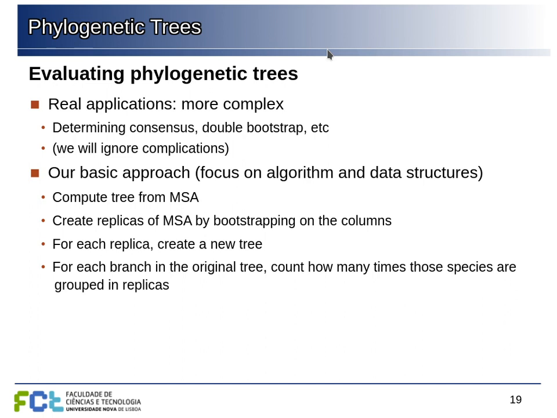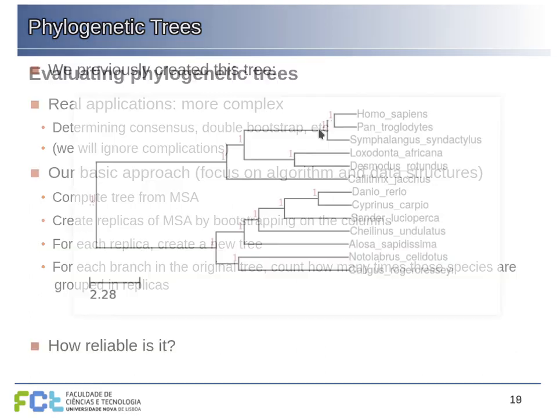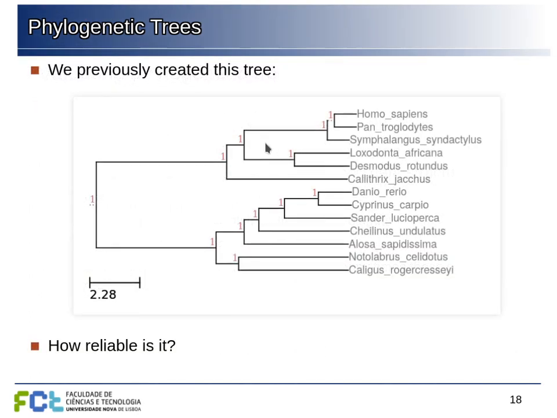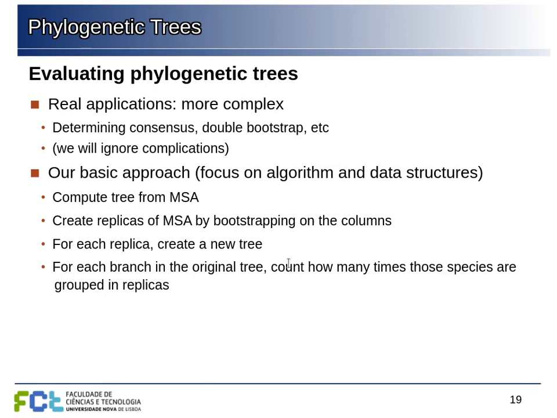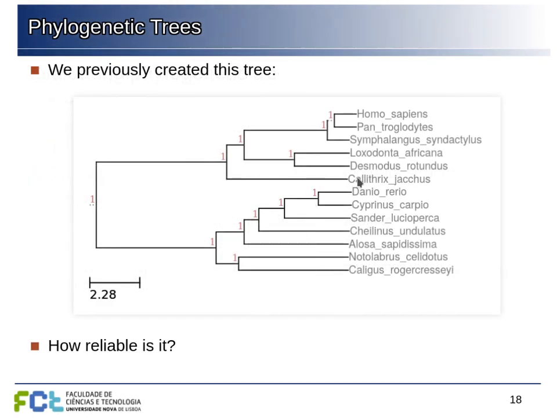Now, for each replica, we're going to create a new tree, and now we're going to check each branch of the original tree. So each node that we have here where we branch and have a subset of species, we're going to check if that one exists in the replica. So basically, for this branch, we're going to check in each replica tree if these two species are grouped together in a single branch like this.